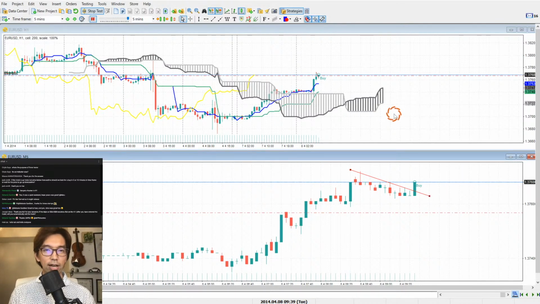And the important thing is that the Kumo Senkou Span B became flat, but Senkou Span A looks to be still uptrending, and Kijun Sen looks to be still uptrending. So there's a chance that the price continues to go up this way, breaking the recent high, and that's why I take a buy here. Right? So let's move on.